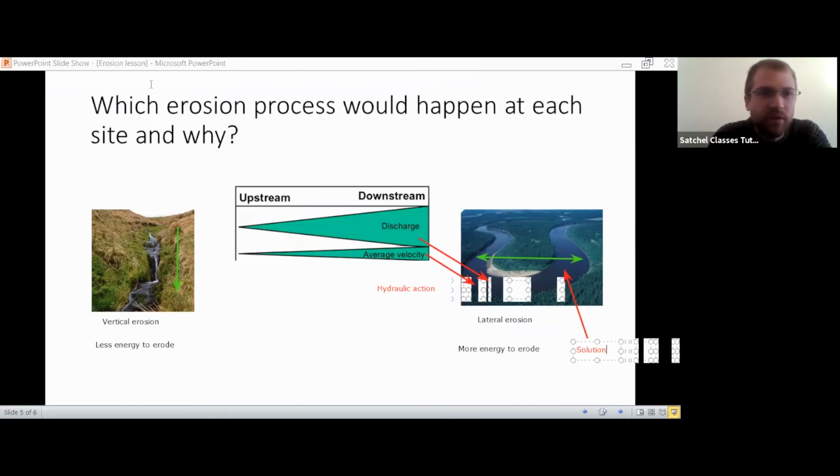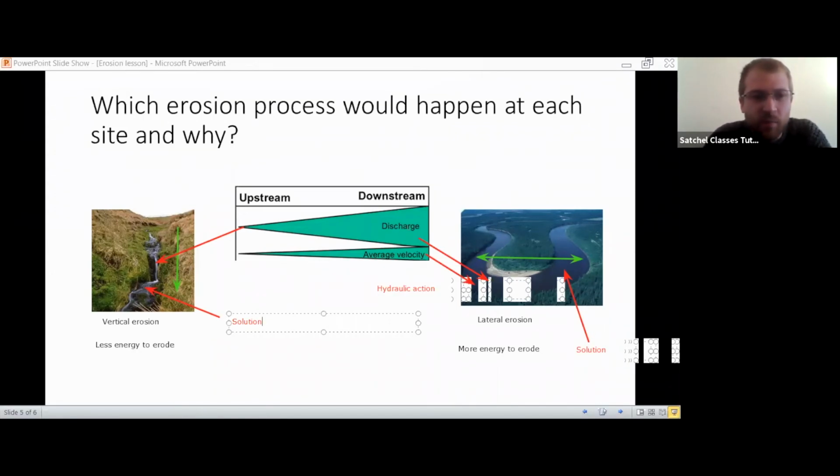Now, with a similar point, the water in the upper course is also clear. Okay, we know that there's much less power here, so there's not going to really be much hydraulic action, maybe a little bit in that waterfall. Potentially the only thing that we can really identify, and this is all possible, would be solution.